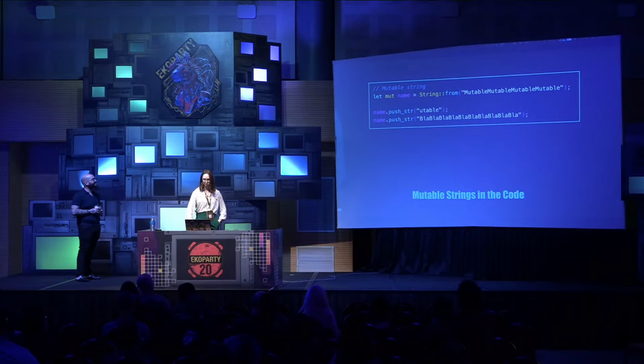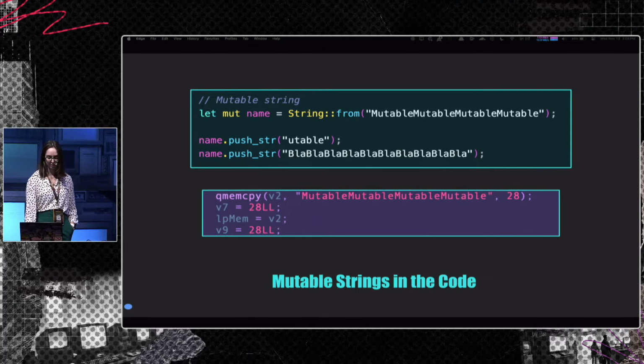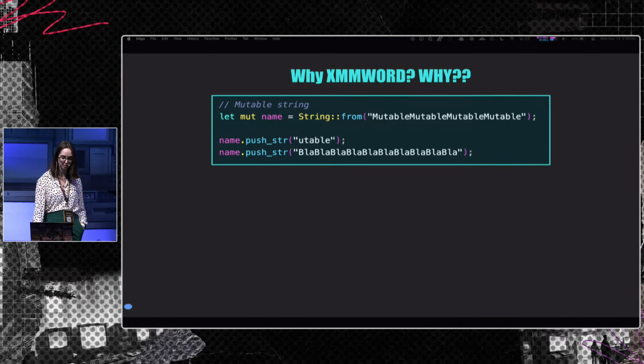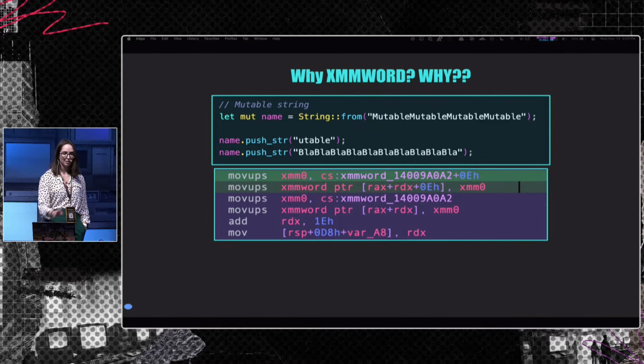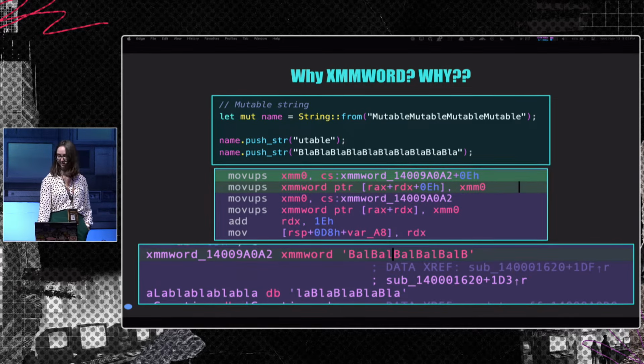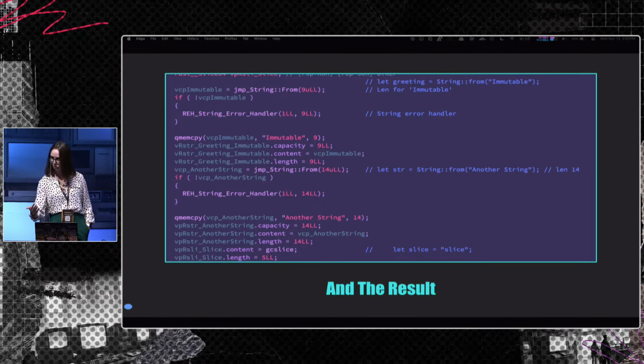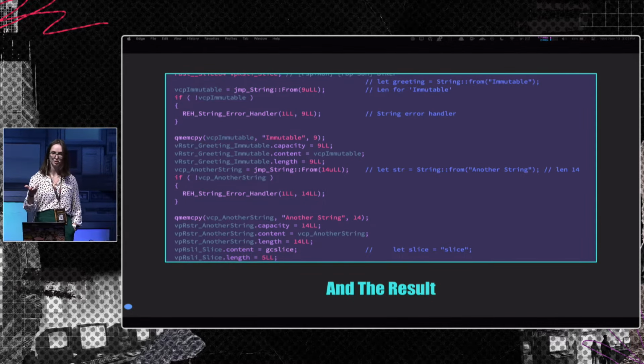So yeah, for longer strings, as Jack said, we have memcpy, and then we have XMM words. And you can see the mess. It's both in the text section, in the Pdata, and then the compilation is messed up. So we wrote a script that knows how to identify both slices and strings, apply the structures that we presented a few slides ago, and make it a bit nicer.